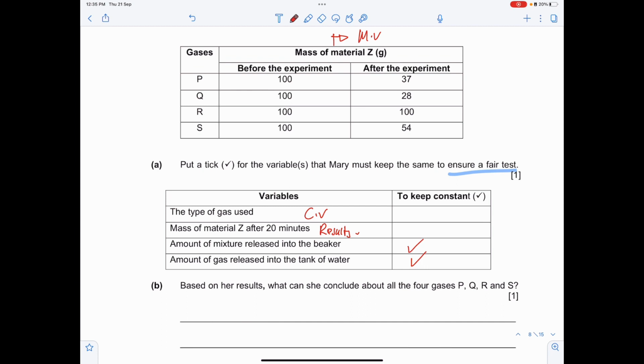Firstly, you need to mention that your Q is actually the one that's most corrosive, or is the one that has affected the amount of the mass of the material Z the most. Then you have to mention that out of the 3, P, Q, S, they all cause your mass of material Z to decrease.